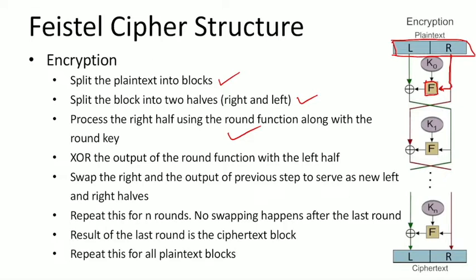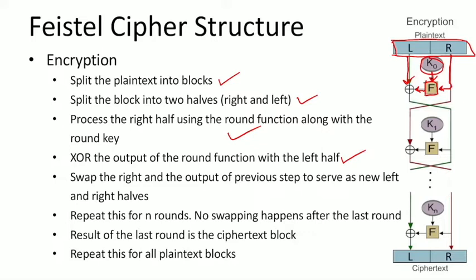So this f just generalizes what will happen inside the round function. We also need a round key, which we pass into this round function. Whatever the output is after we process the right half using the round key and the round function, we XOR it with the left half.